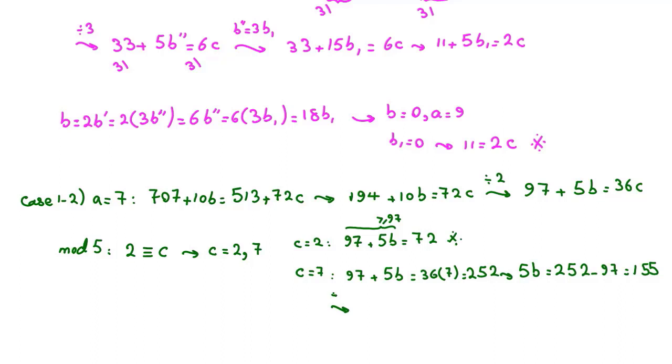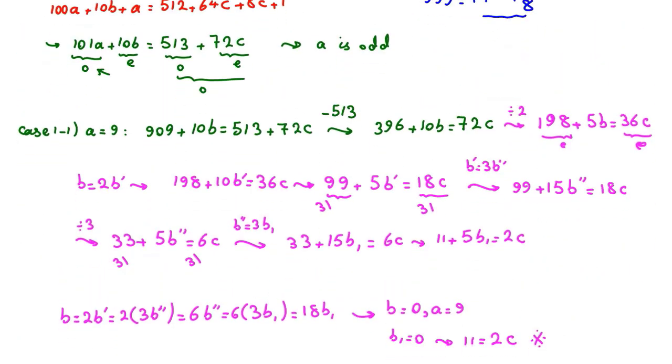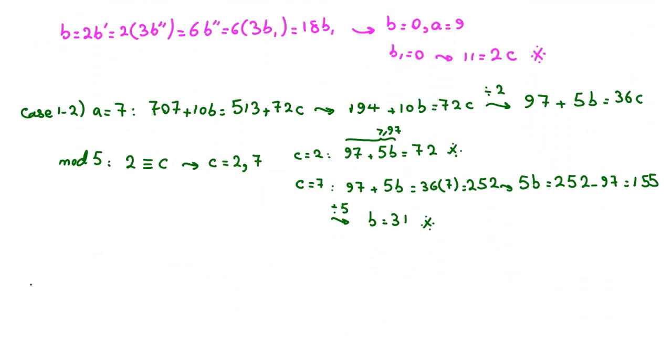So if you divide both sides by 5, b equal to 31. Okay, b is so large because b is a digit. It should be between 0 to 9. It's in base 10. It was case 1, 1 we've checked, A = 9. Case 1, 2, A = 7. Now let's check case 1, 3.